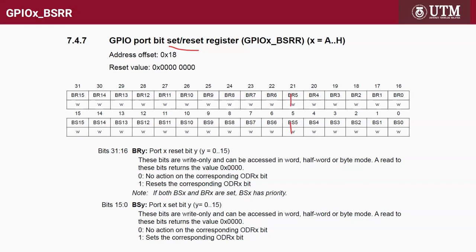For reset, put 1 in BR5. For set, I put 1 here. So you just put 1 there. This register is write only, so that's why they put W here. You can only write to this register, and reading it doesn't have any meaning.